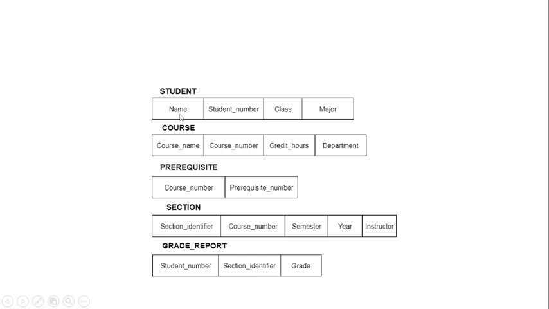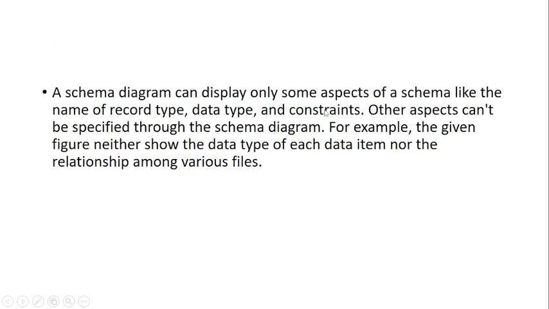Name has some attributes, like a constraint, like the name should only contain strings. We can't see it in the skeleton, but it is inside, stored in such a way that the name should only contain string contents, student number as an integer, class as a name, and major as a subject or course.